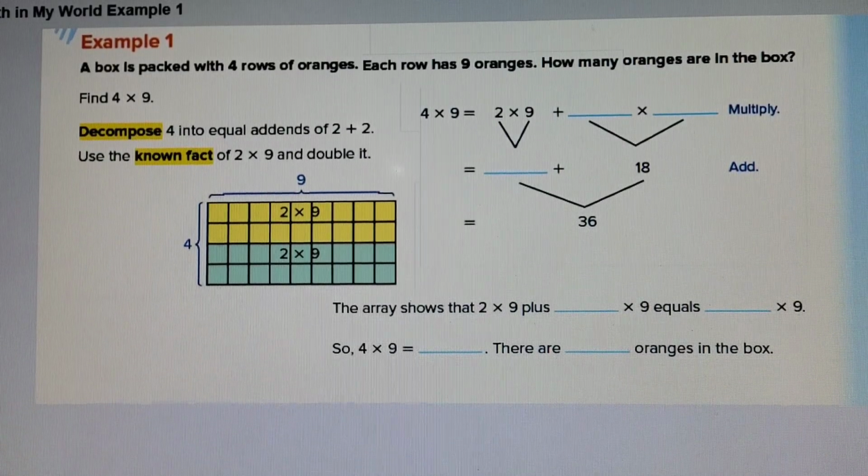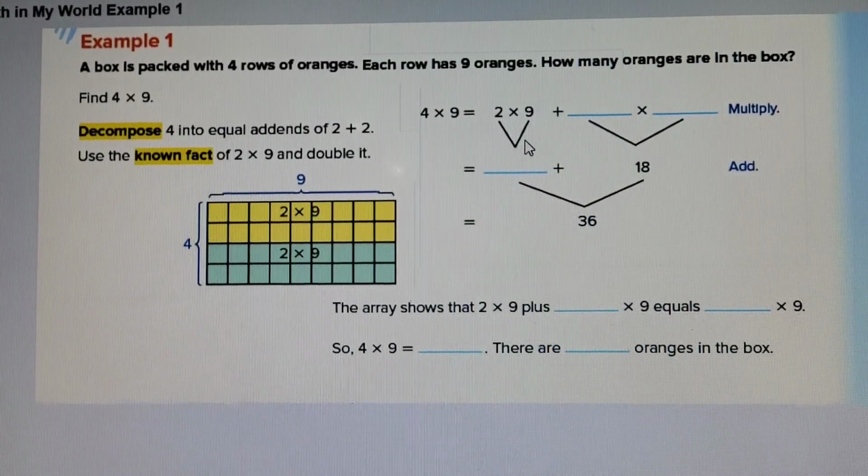So we're going to take 4 times 9 and decompose it into 2 times 9. And if you look right here, you can put 18 because 2 times 9 is 18. Here's your first array of 2 times 9. Here we're going to write 2 times 9 equals 18.